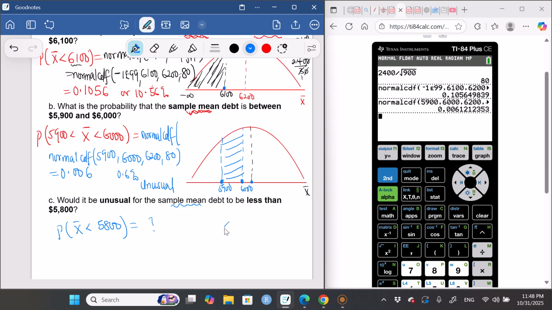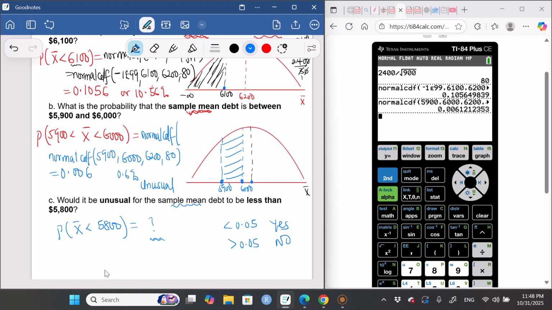If the answer is less than 0.05, it is yes. If your answer is greater than 0.05, it is no. Put the answer in the comment section and I'm going to tell you if you're right or wrong.